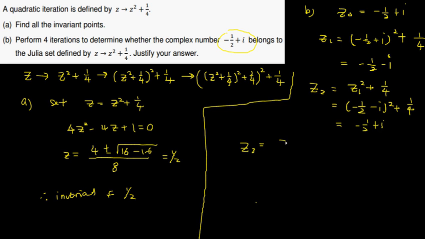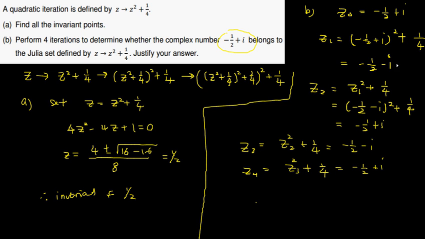You should be able to show that this is Z2 squared plus 1 over 4. Using these values, you would get negative half minus i, and also Z4 would be taking Z3 squared plus 1 over 4. Z3 of course is this negative half minus i, and then you have this plus i.